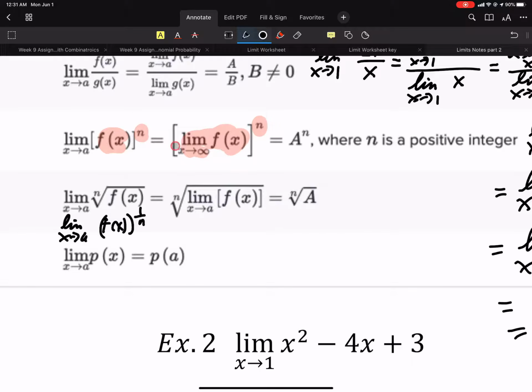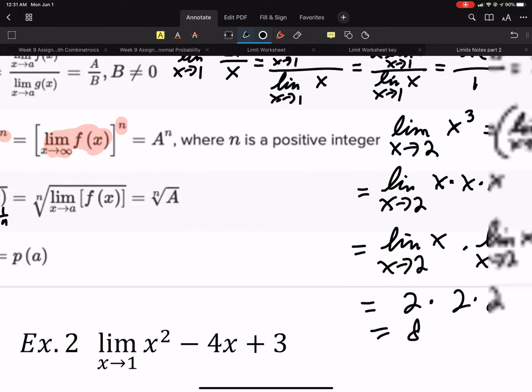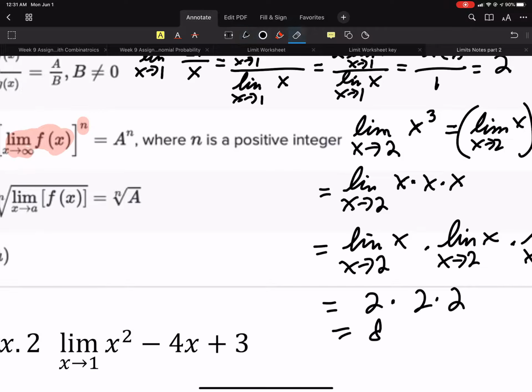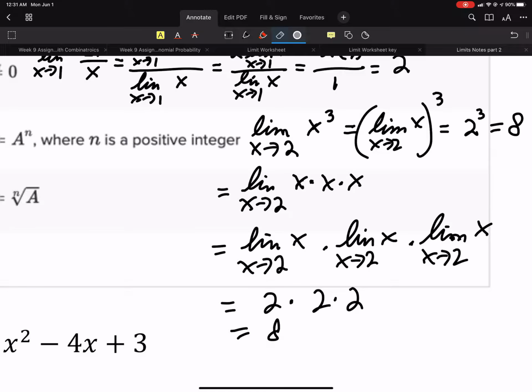That's how a root works. So you have the 1 over n power. So basically these are very similar, and it's going to have a similar process. You take the limit of the inside function first, and then you take the root after. So I'll do an example. I just don't want to make this video too long, but I think it's better if you guys see examples.